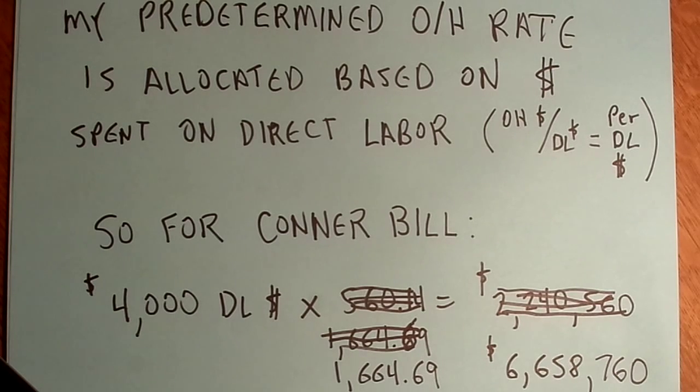So recognize here that the other passengers will have different numbers. They will have the same overhead applied per dollar of 1,664.69, but their direct labor dollars will be different.